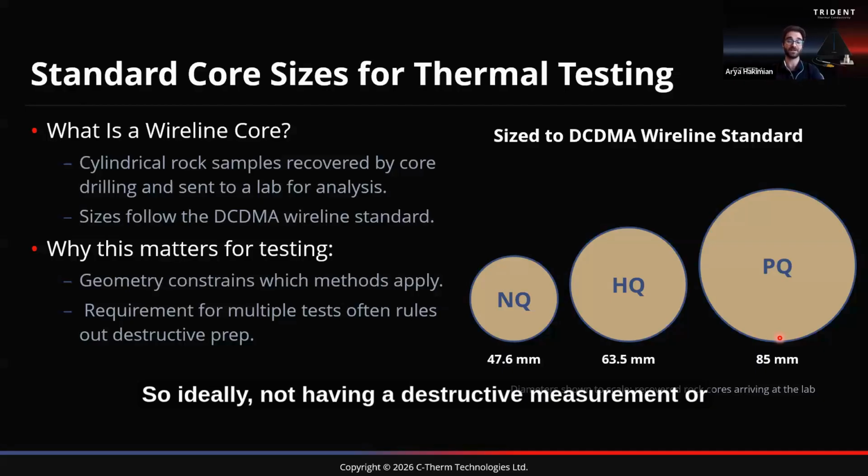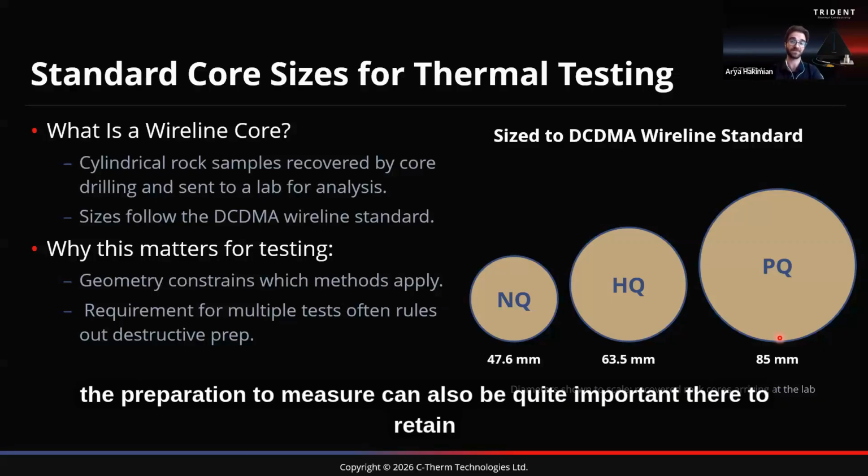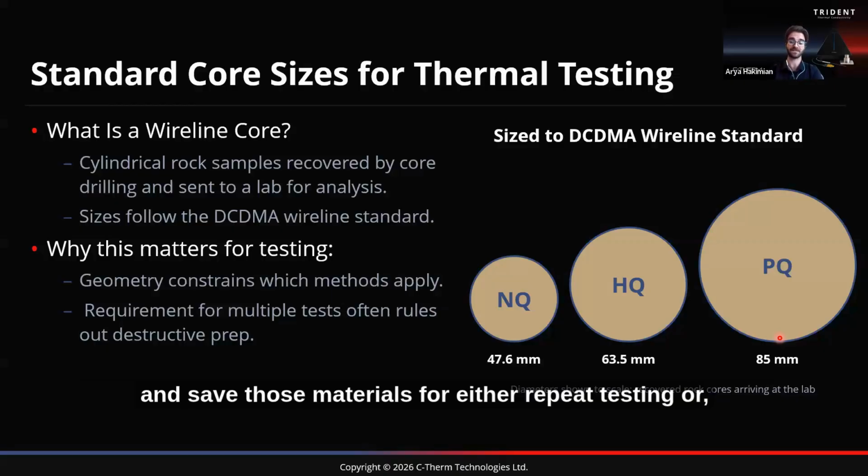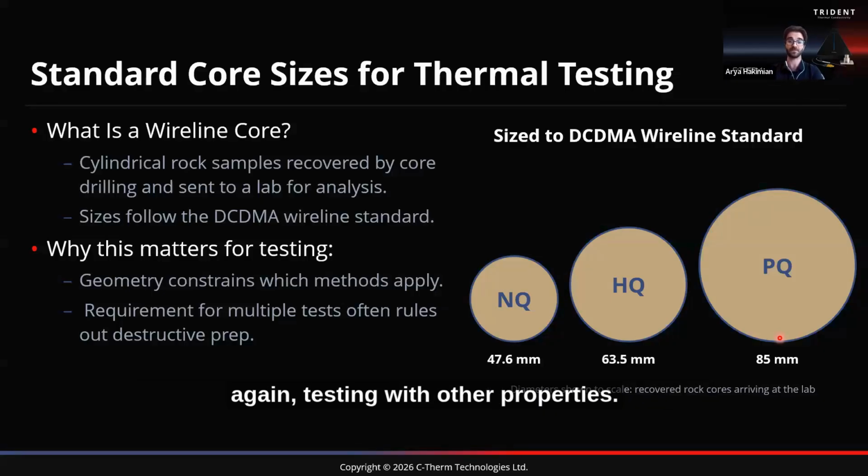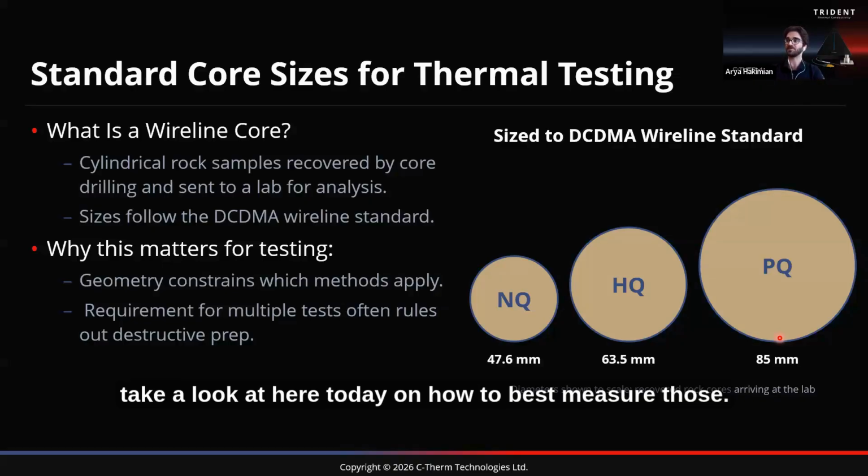So ideally, not having a destructive measurement or preparation to measure can be quite important, to retain and save those materials for either repeat testing or testing other properties. So the cores will be certainly something we'll take a look at today on how to best measure those.